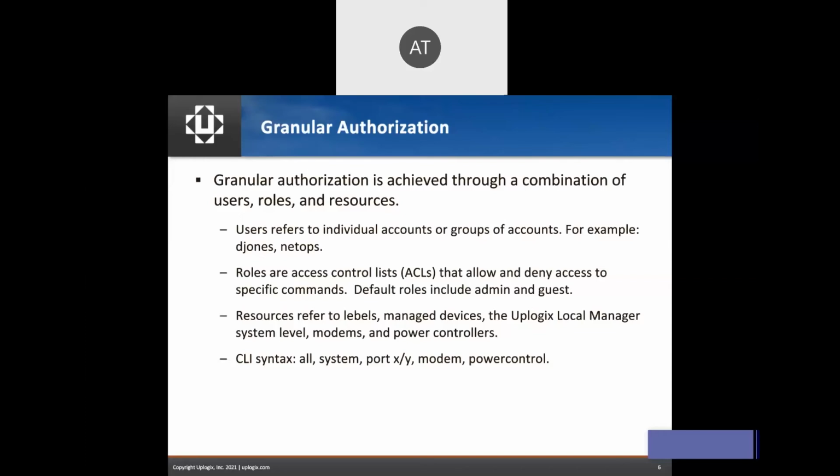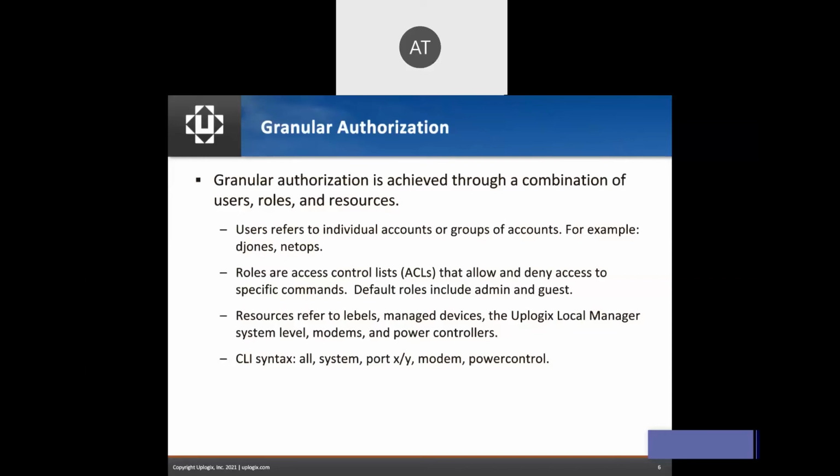And then we have a resource, which could either be a whole local manager, an inventory group, or it could be just one port, in which case we're probably going to use labels, which I misspelled on the slide, it looks like. I need to fix that.